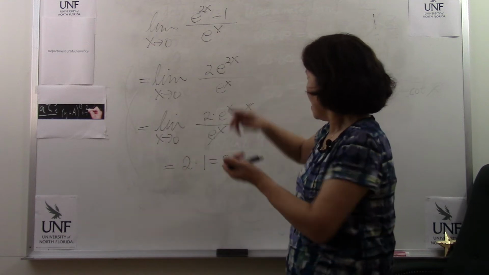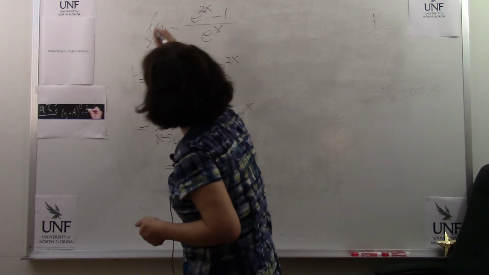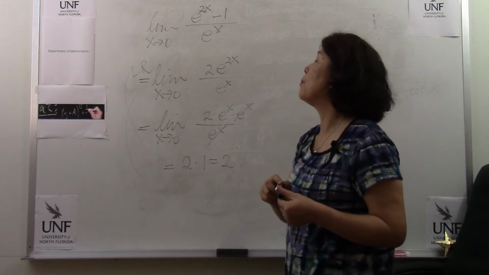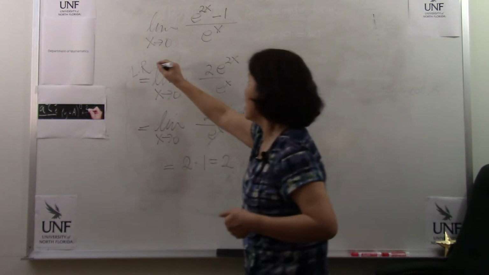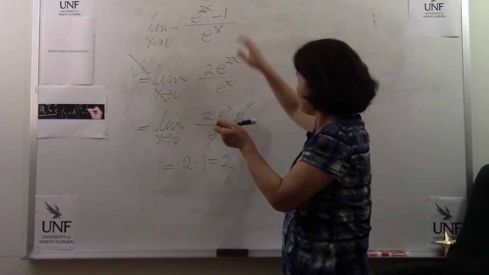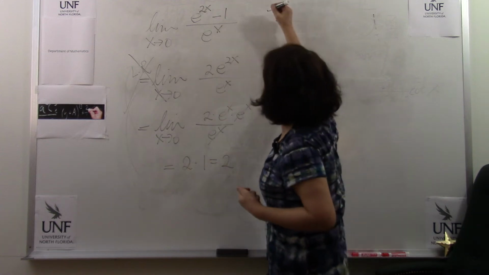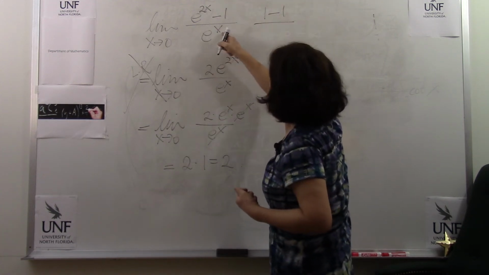Yes. The first portion over here, I thought I was able to apply L'Hopital's rule, but it's not true, because look at this. e to the 0 is 1, minus 1, over e to the 0 which is 1.